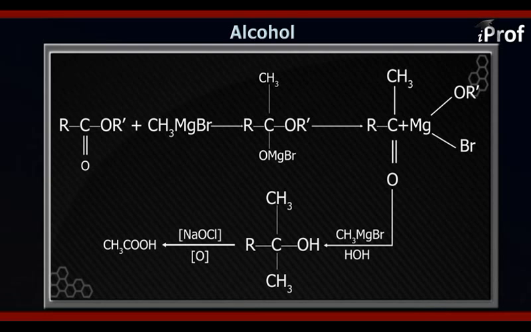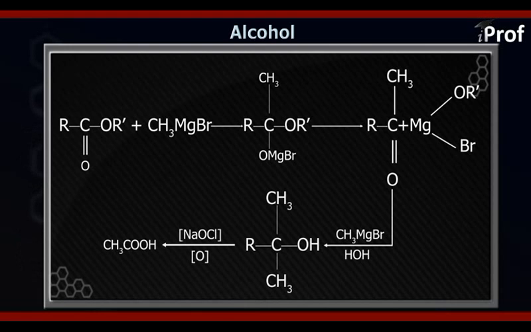Now what will be happening is that the CH3 group in the Grignard reagent will act as a nucleophile, and that will attack on the carbonyl carbon, that is C double bond O of an ester.